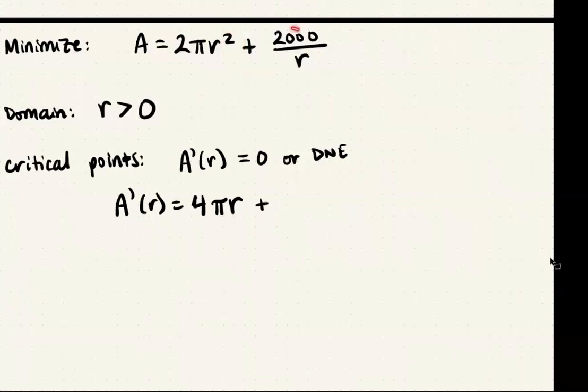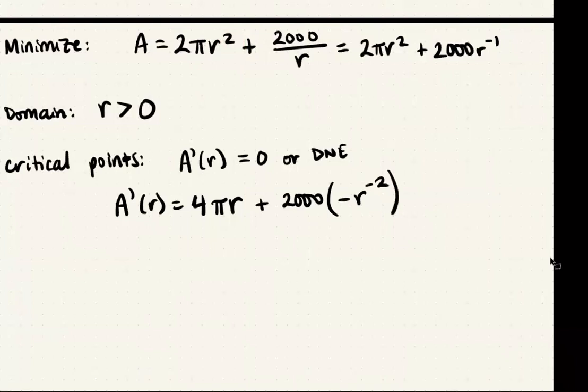Plus, I need the derivative of 2,000 over r. To help me out, I'm going to rewrite this a little bit. 2,000 over r is the same as 2,000 times r to the -1 power. So here I'm going to have 2,000 times, and then the derivative of r to the -1 is -r to the -2.